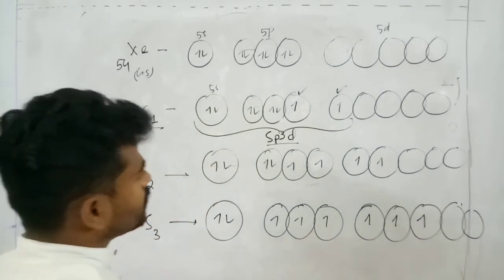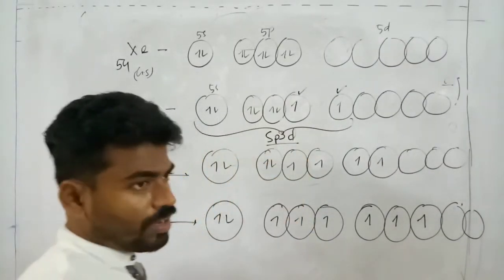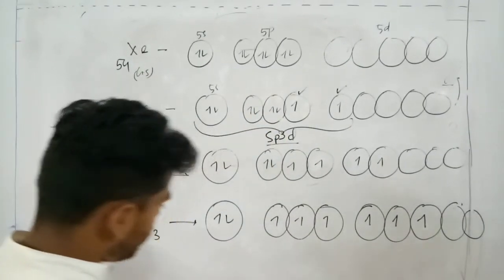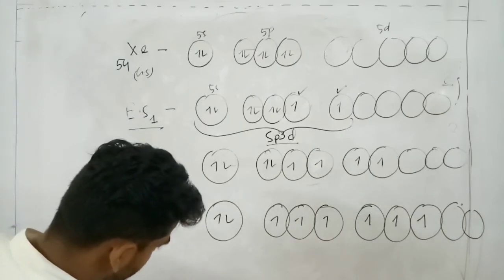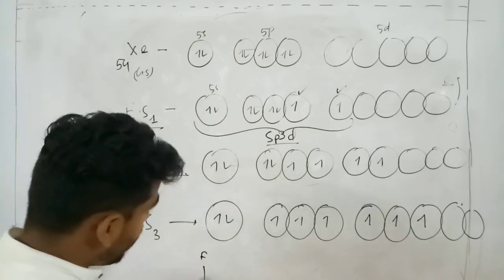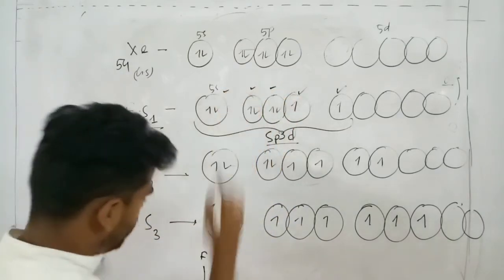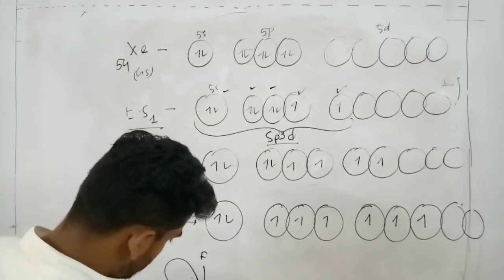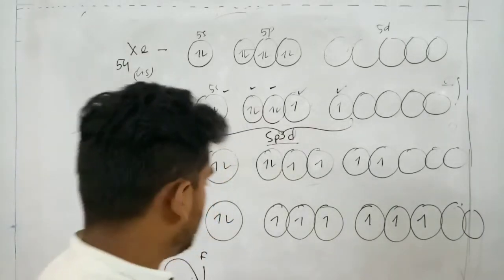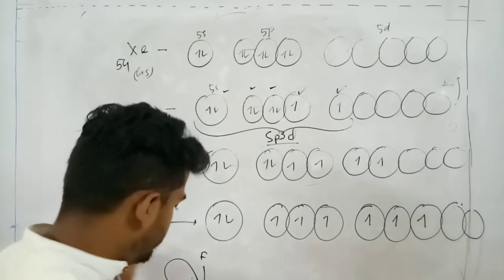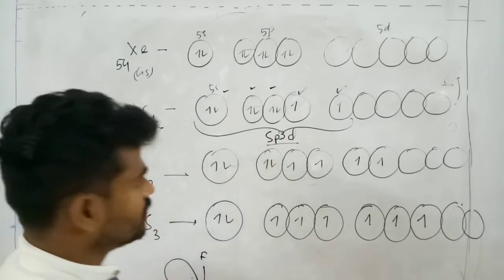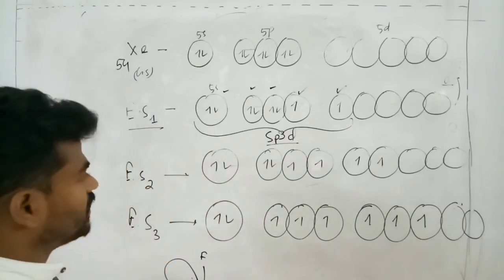So what will be the geometry? sp3d is trigonal bipyramidal, but due to presence of 3 lone pair electrons, in XeF2, this one is 1 fluorine, this one is 1 fluorine, and 3 lone pairs, 1, 2, 3, will be in this direction and in this direction. So its geometry should be trigonal bipyramidal, but due to presence of three lone pair electrons, its shape is linear.